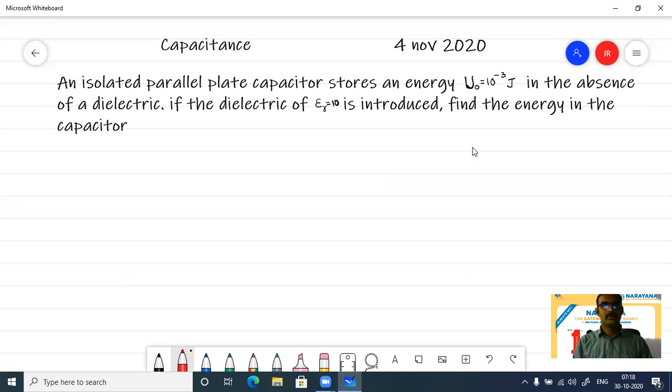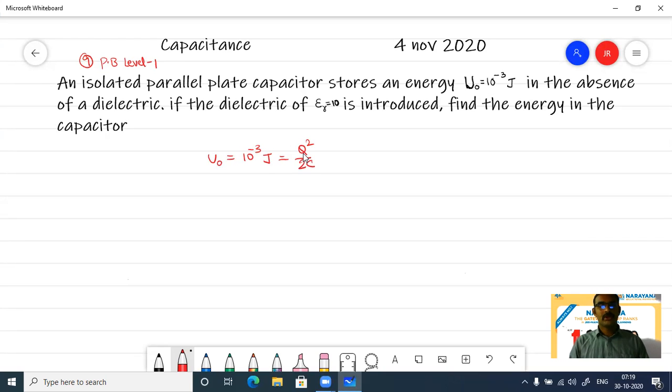So next question, question number 9 in practice book level 1. An isolated parallel plate capacitor stores an energy U naught equal to 10 to the power of minus 3 joules, which is Q square by 2C, the formula for this.